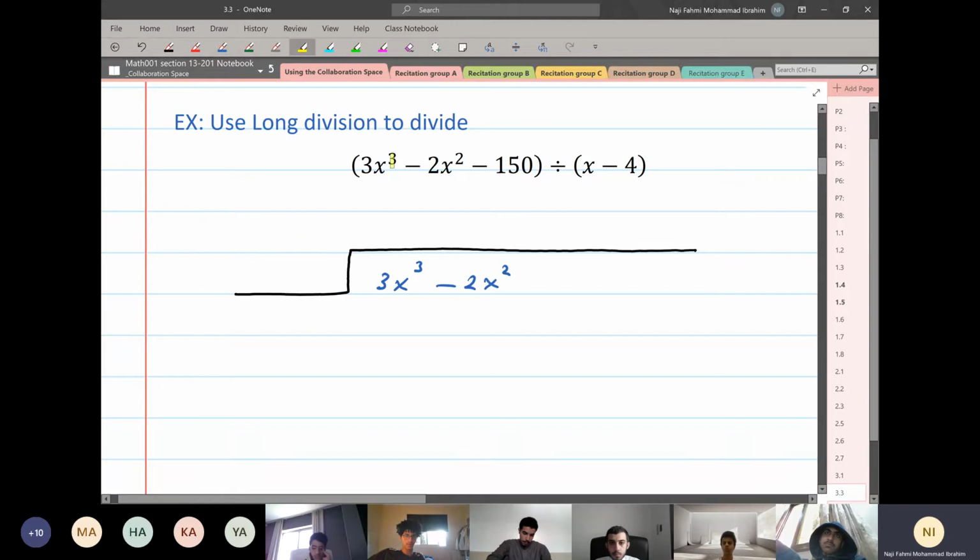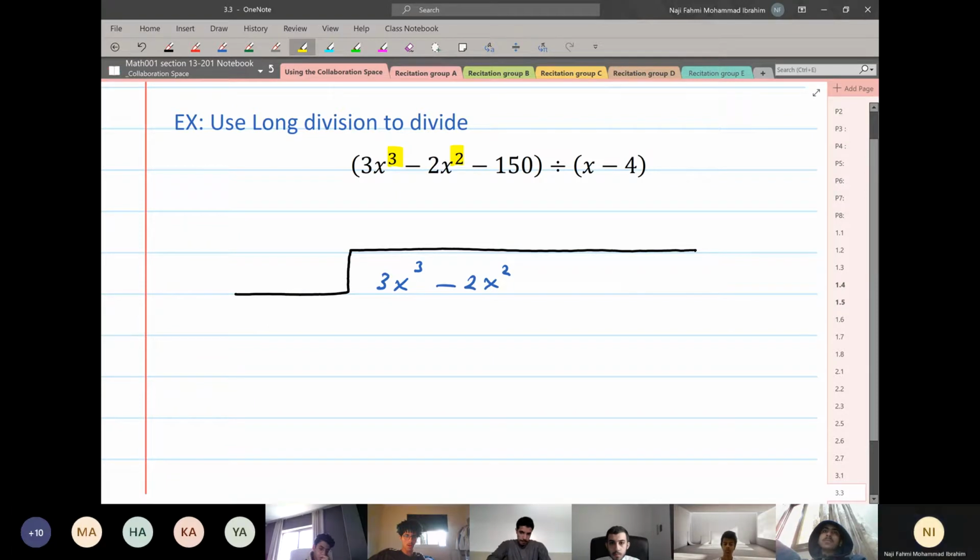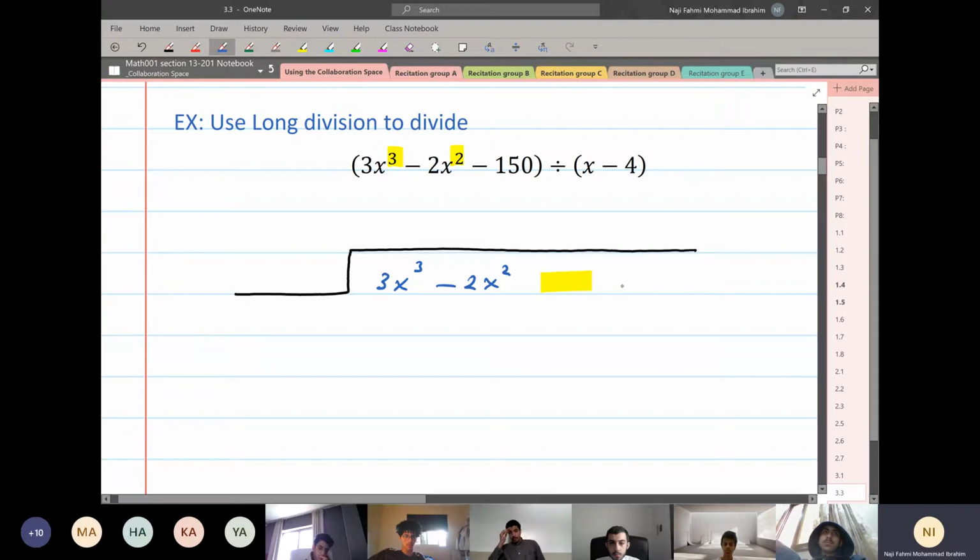If you look at the powers, Shabab, do we have a missing power here? You mean x? If we have anything that is missing, leave it blank. Make a space for it. Maybe it will help us in not making any mistakes. Then I will put the divisor outside.